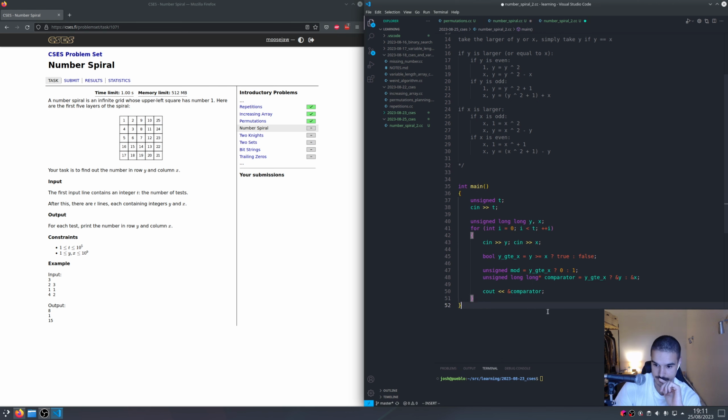Let's actually just check that. So if I was to compile, I'm actually in the wrong folder, aren't I? 2023-25.